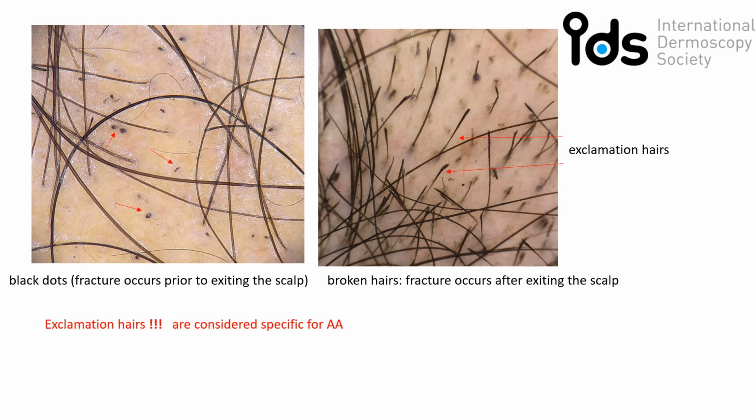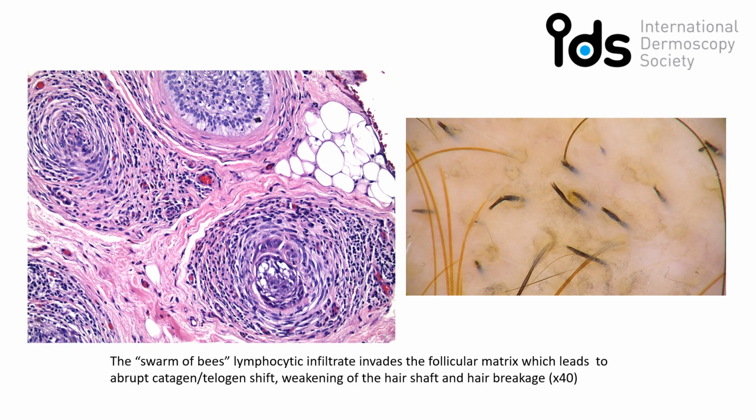So these are examples of dystrophic hairs. They could be black dots when the fracture in the affected hair shaft occurs prior to exiting the scalp, or they can be broken hairs where the fracture occurs after exiting the scalp. Exclamation hairs get their name from the resemblance to an exclamation mark, and they're considered specific for alopecia areata.